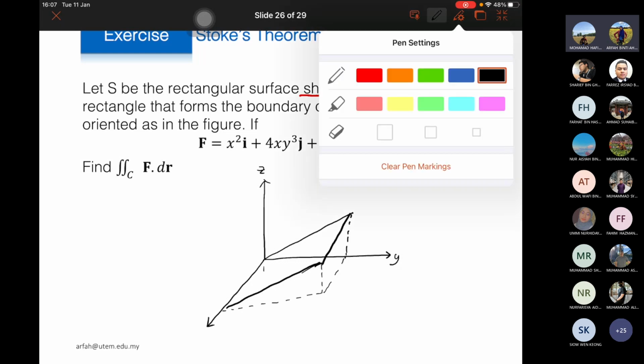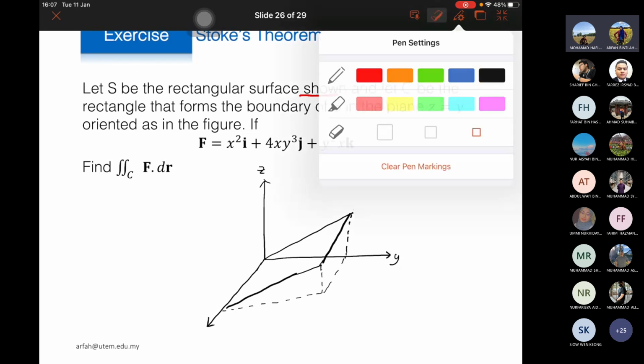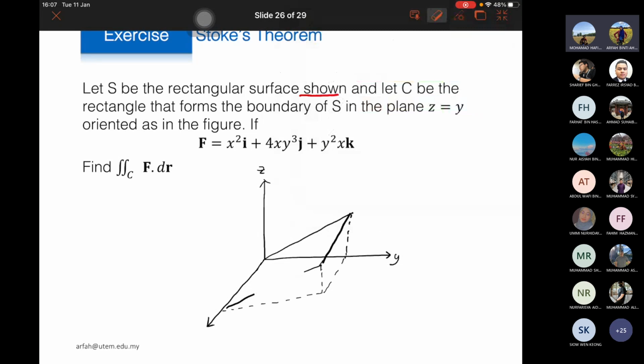So from here you are going to have this is the form of the, what we call it, the solid. Okay.